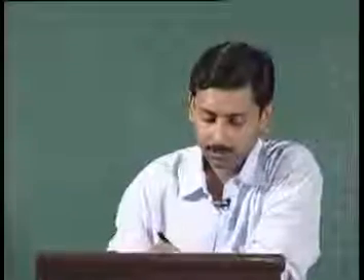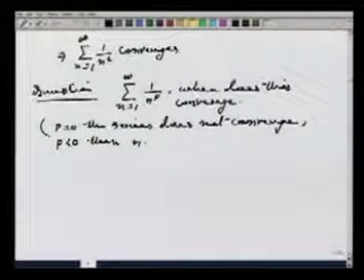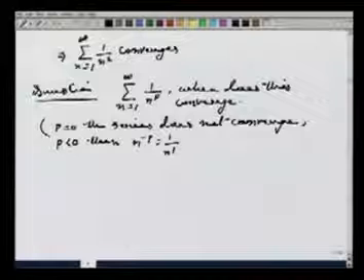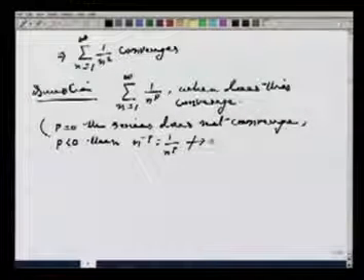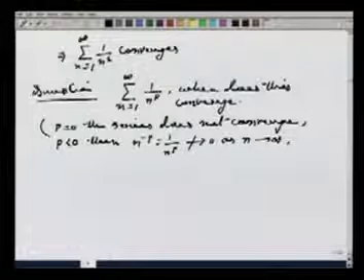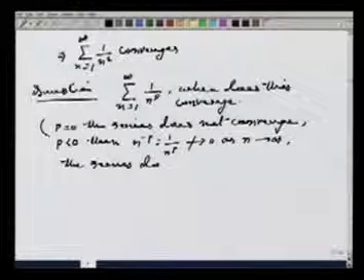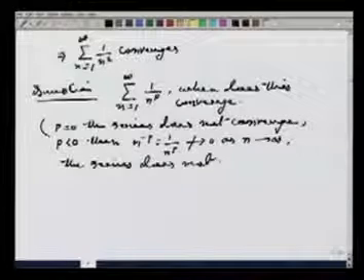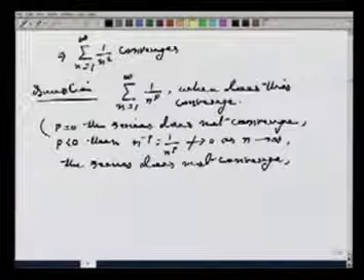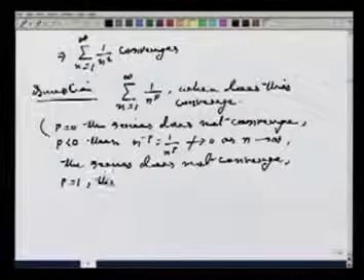But then n to the power minus p, that is 1 by n to the power p, does not go to 0 as n goes to infinity. So the series does not converge. And we have already observed that if p equals 1, the series does not converge.